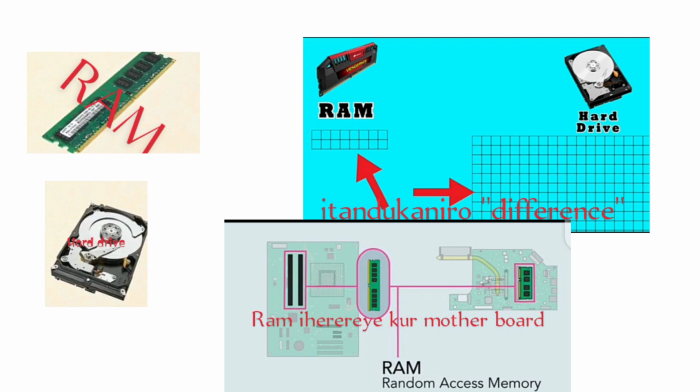RAM stores the information temporarily, while a hard drive stores the information permanently. So this is a hard drive, this is a DVD drive, and this is where the RAM is located in our motherboard.